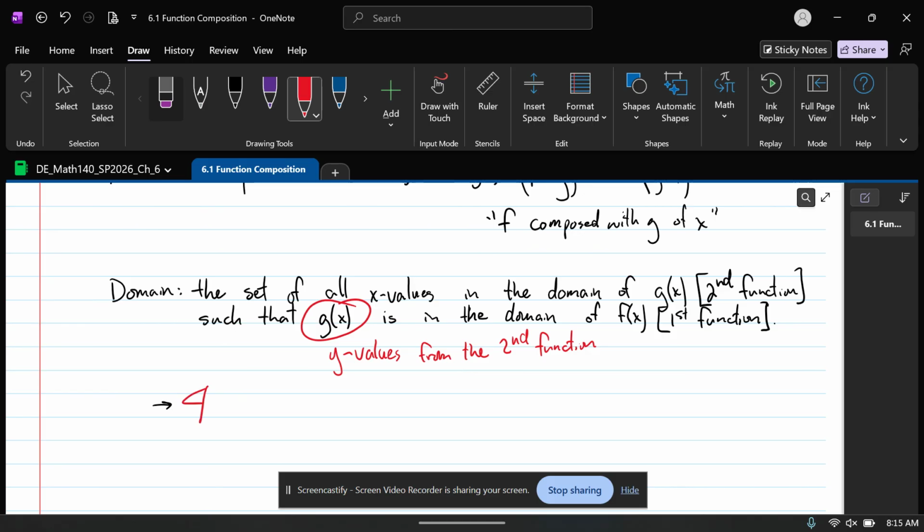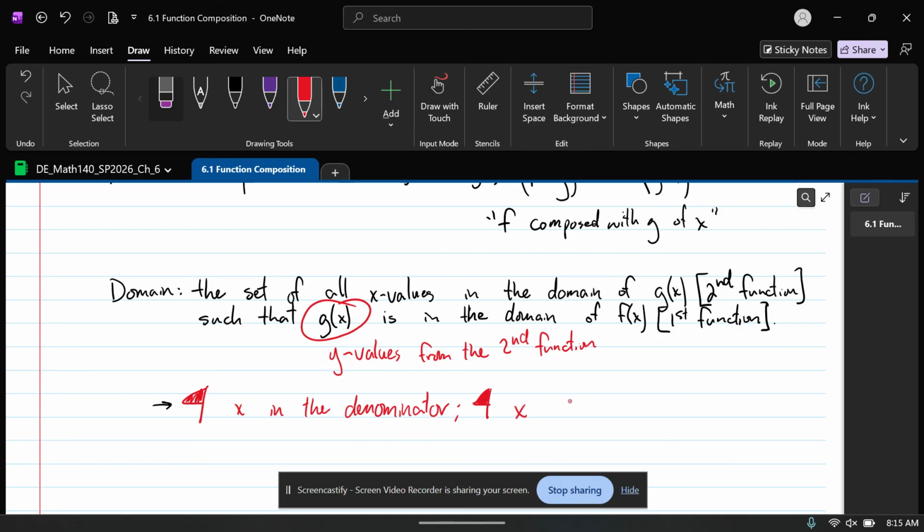What's the first red flag for finding domain? X in the denominator. So that's not anything new. The second red flag was what?